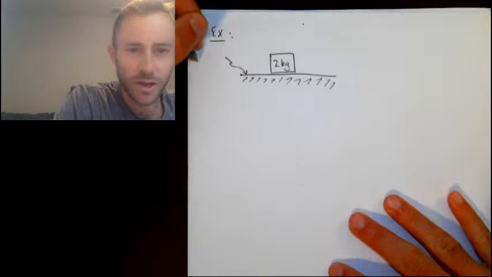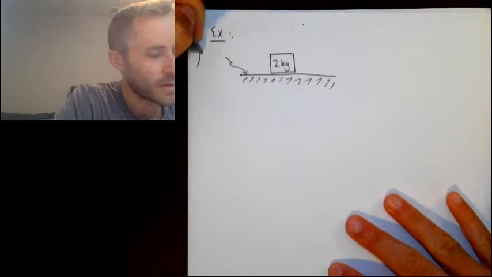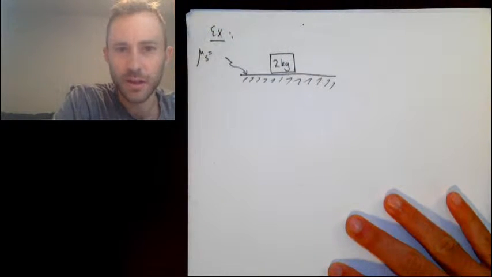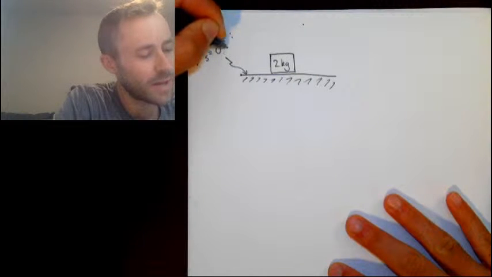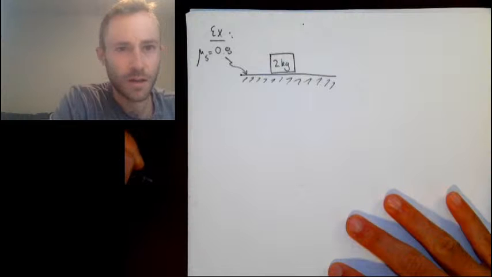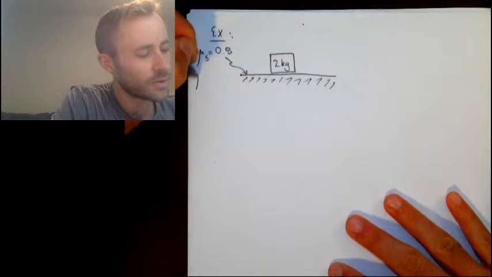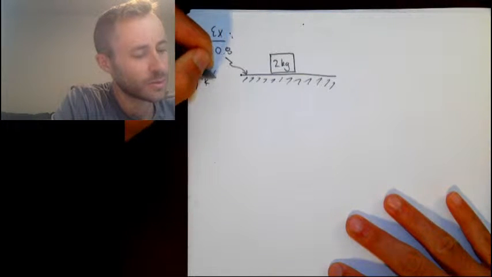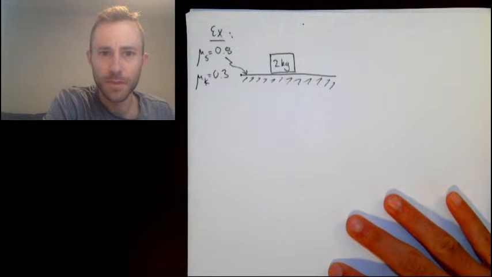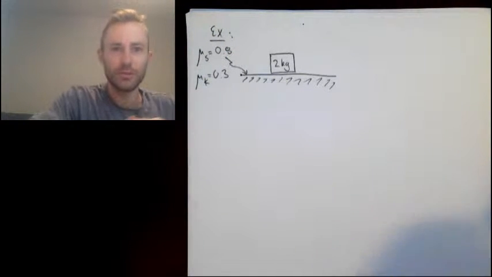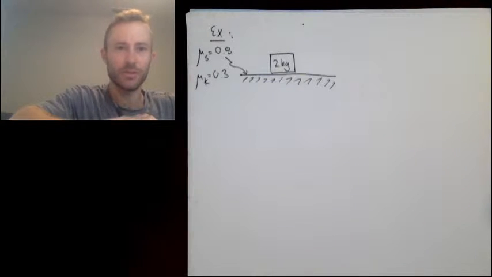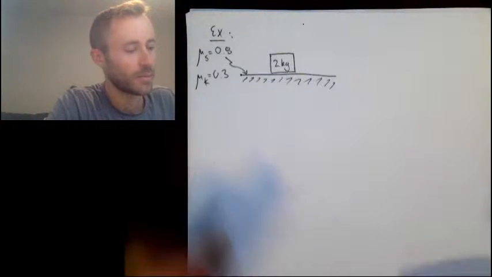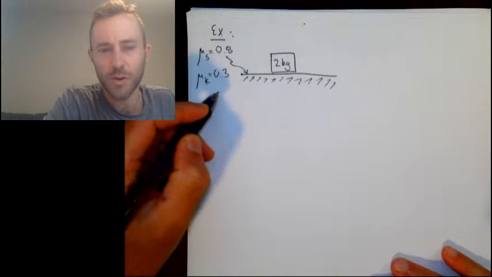So we'll say that the coefficient of static friction is 0.8, and the coefficient of kinetic friction is 0.3. As I said, usually it's tougher to get an object started moving than to keep it moving, so kinetic friction is smaller.